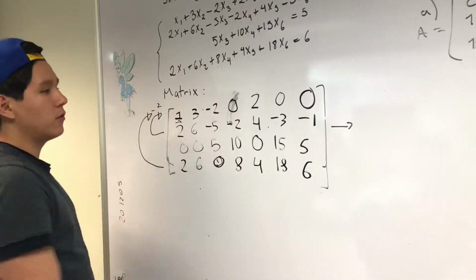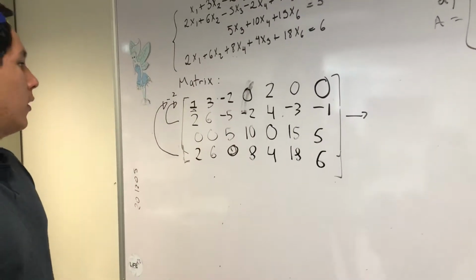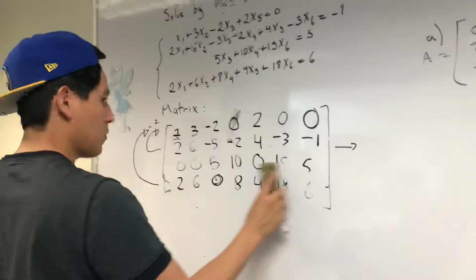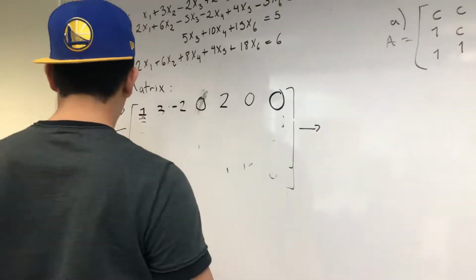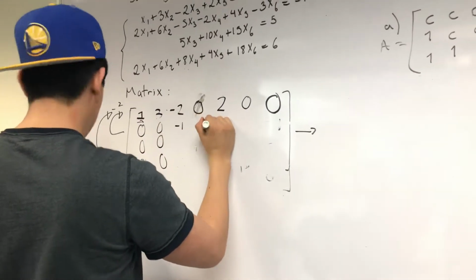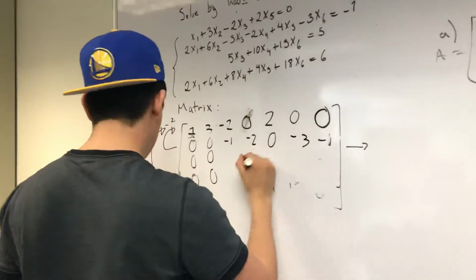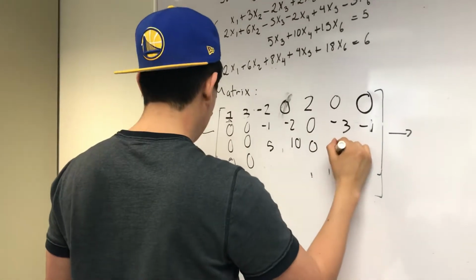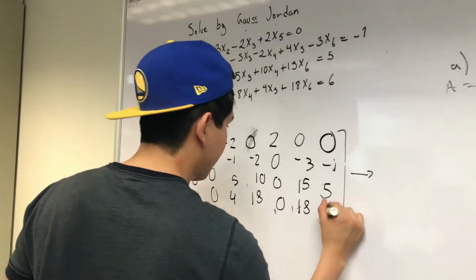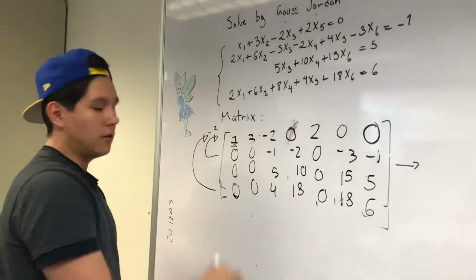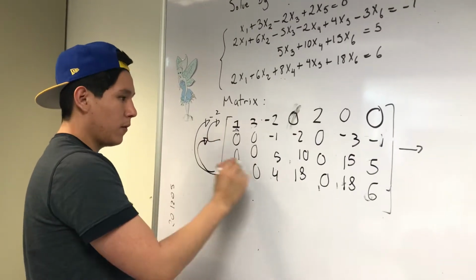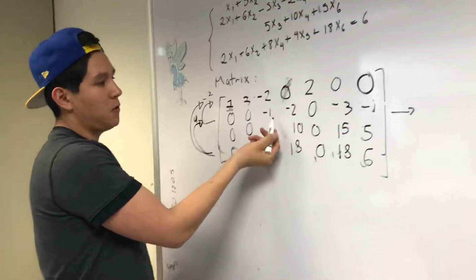Doing this calculation, our matrix results. Then we multiply row 2 by 4 and add to row 4, to eliminate our zeros.